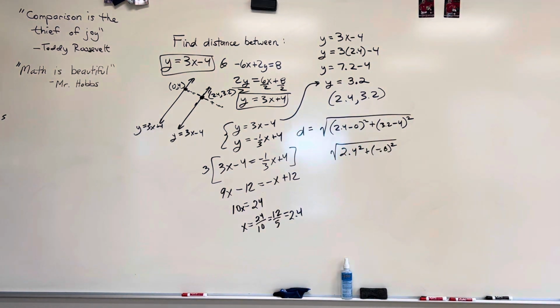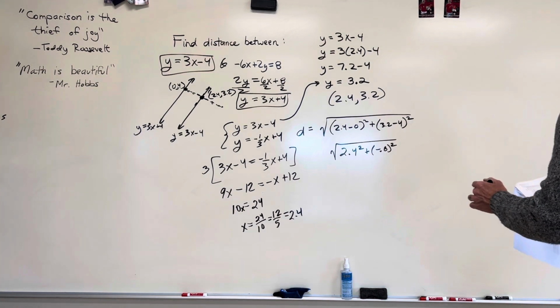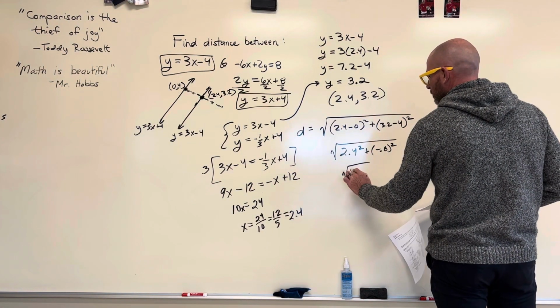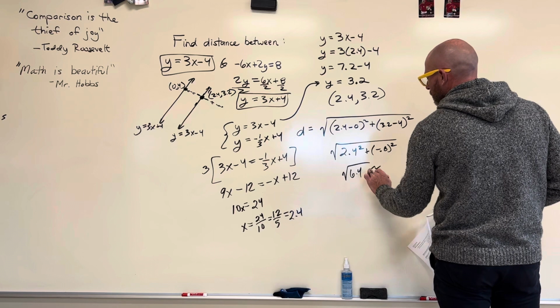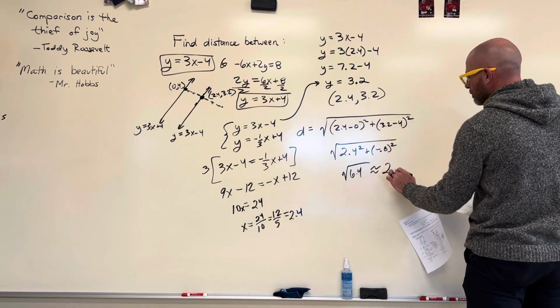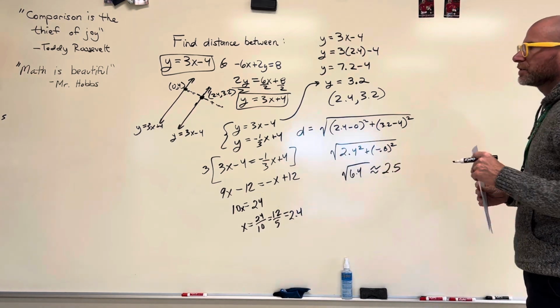So with 2.4 and 0.8, we get the square root of 6.4, which is approximately 2.5 units.